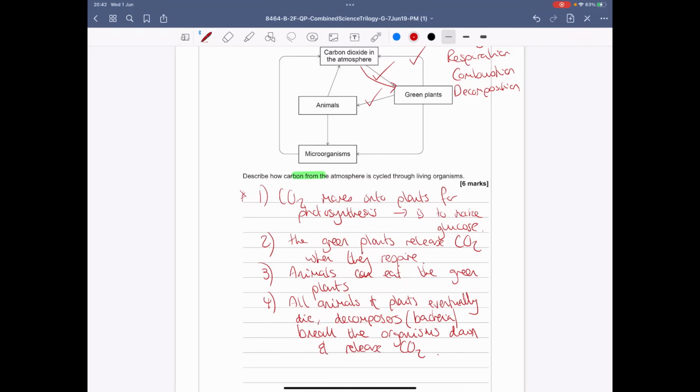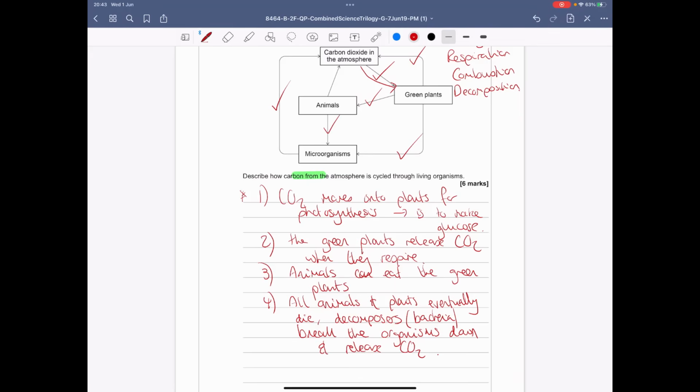So when we die, our bodies will get broken down by bacteria, and the carbon in our body will be released back into the environment as CO2. That's the death in this arrow and then the decomposition in that arrow.